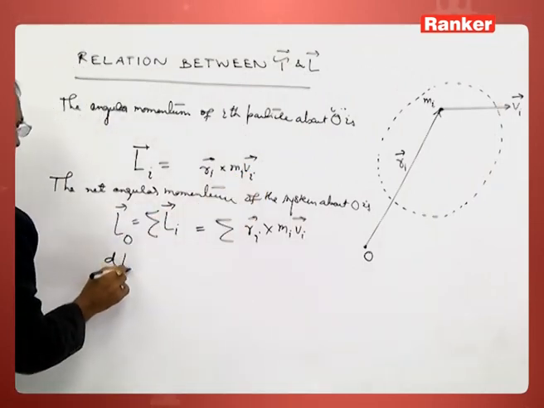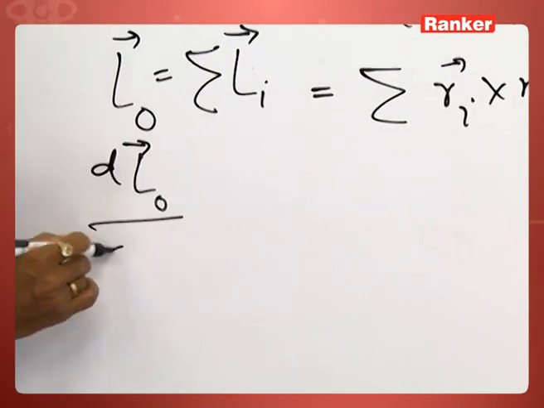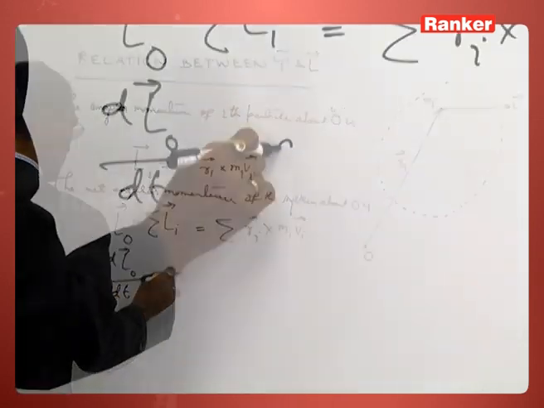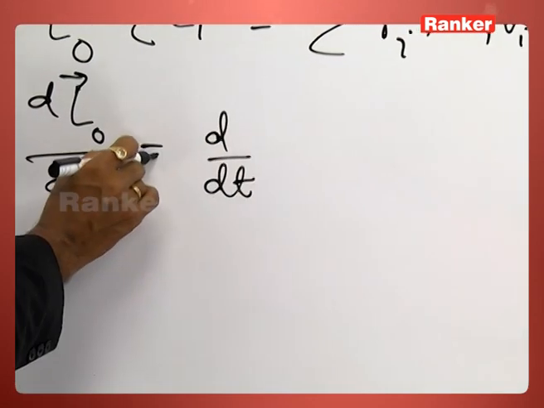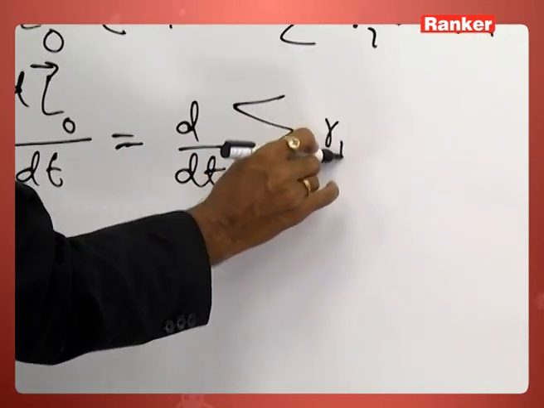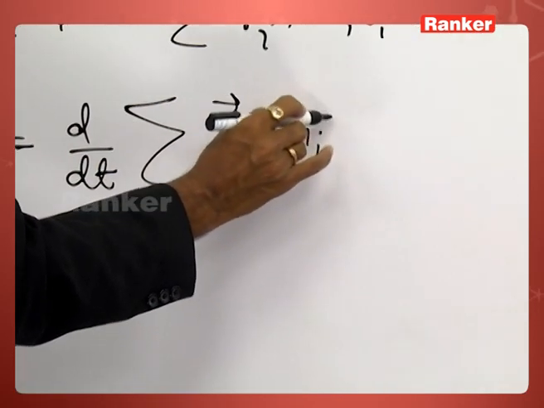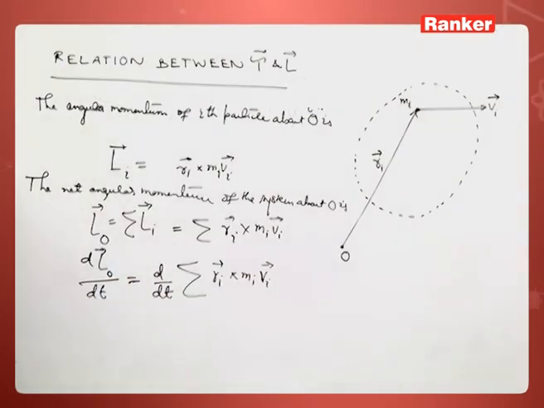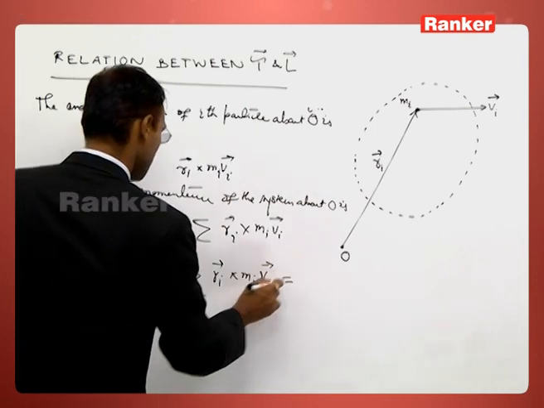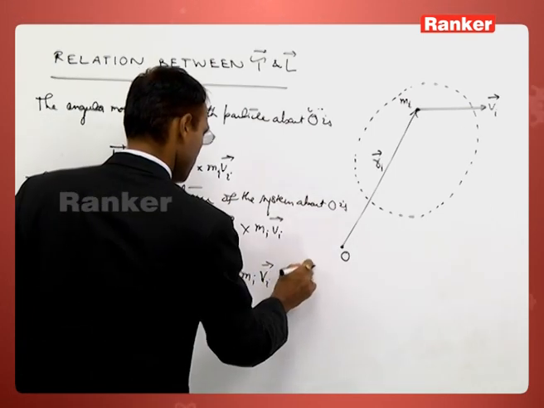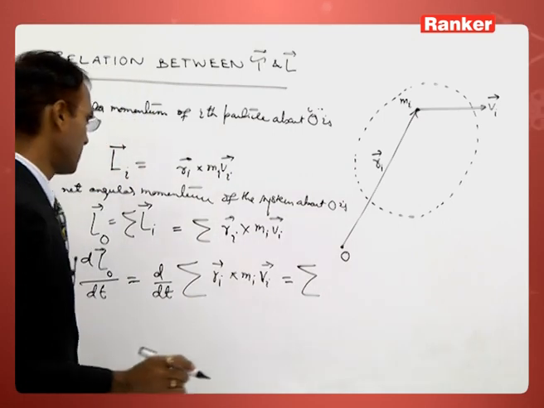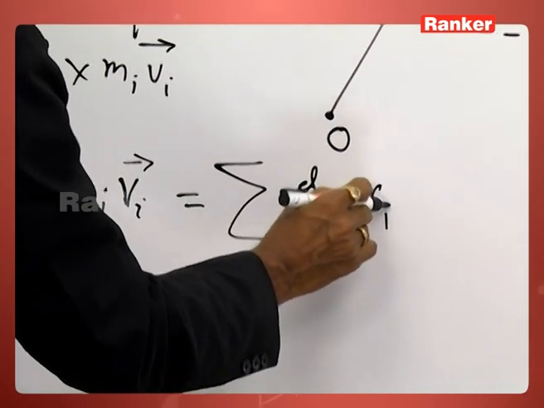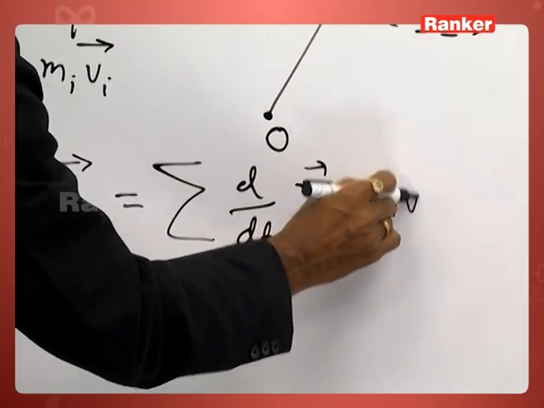Let us differentiate both sides with respect to time. Time derivative of this quantity in the right hand side can be written as sum of the time derivative of Ri cross mivi.